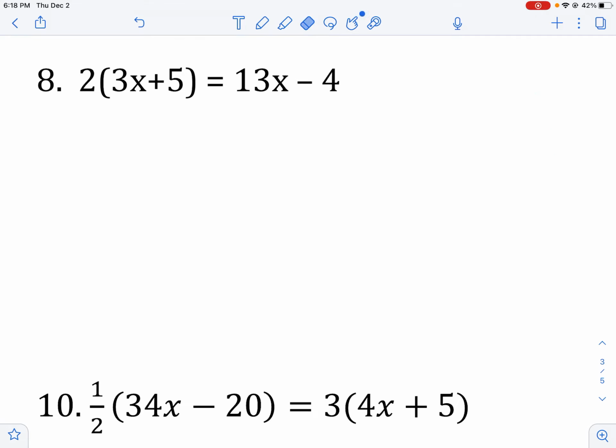So I should work with the parentheses first, and these parentheses are telling me to multiply, or to distribute, this 2 to both parts. So I'd have 2 times 3 is 6x. And then 2 times 5 would be 10. And I'll just copy down the right side of that equation.